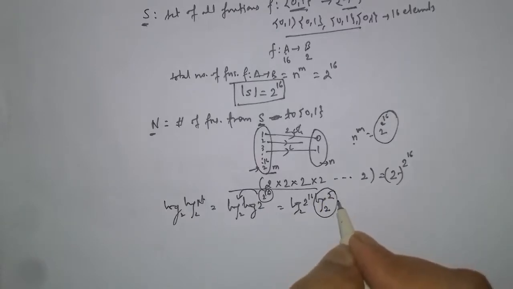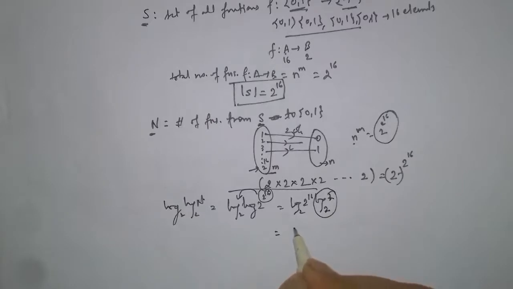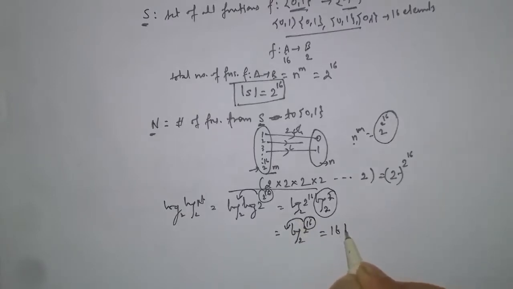This will become 1 because both are equal. So it is log base 2 of 2 to the power 16. Now this 16 will come in front: 16 log base 2 of 2. Now this will also become 1 because both are equal. Our net answer will be 16.